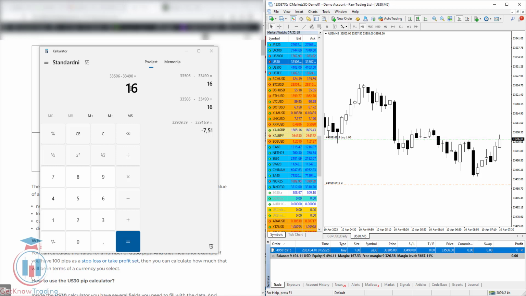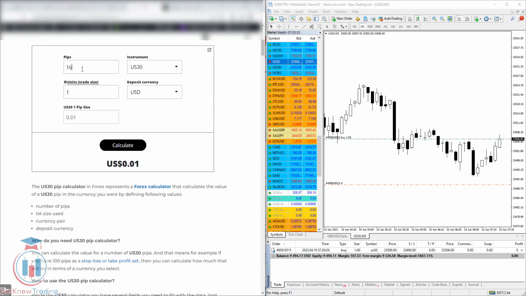So it is 1600 pips. When you put that inside the calculator, it is 1600 with the units, which is equal to 1, because IC Markets has defined that contract size is equal to 1 unit. When you use calculate, you will see that the difference will be $16.